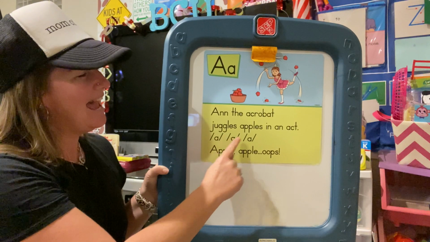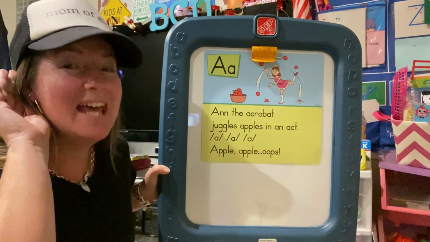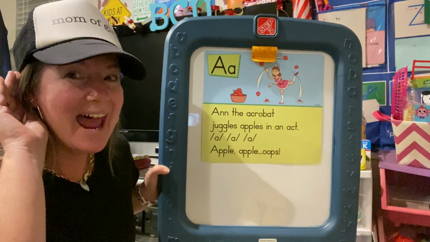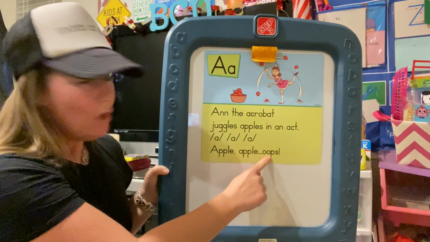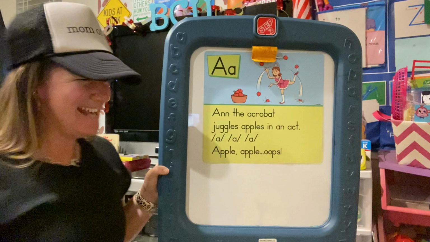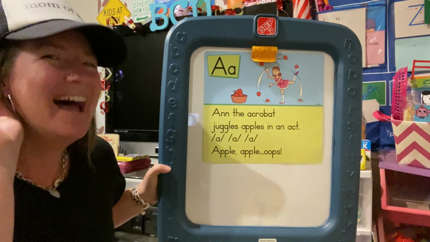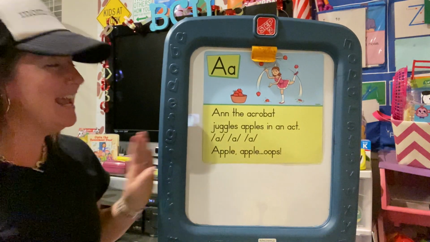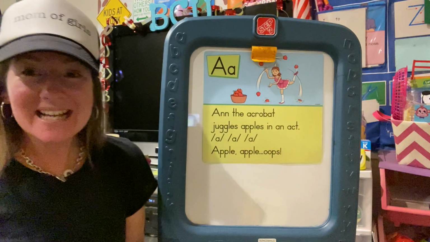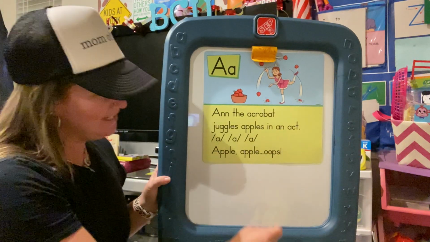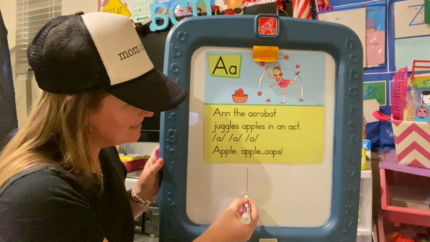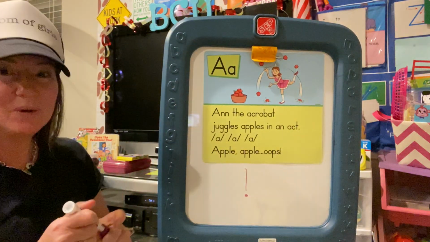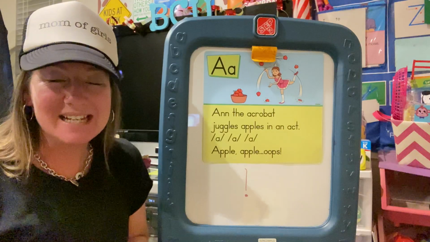Ah, ah, ah. Make the sound. Apple, apple, oops. Yes. Good job repeating. And remember, at the end, we have an exclamation point. It's that line straight down with a dot underneath. That's exclamation point. And that means we're going to say it with excitement.